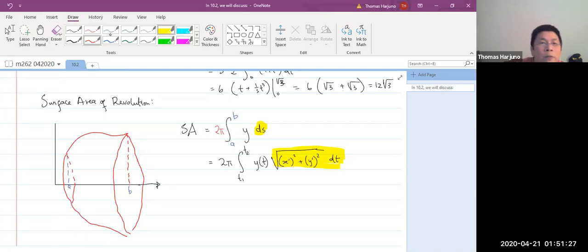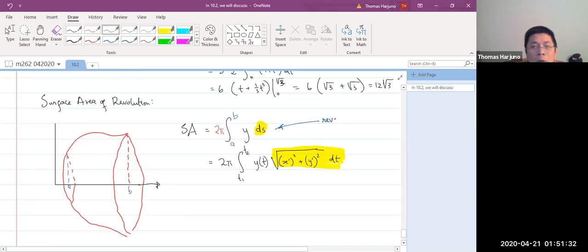This is if we revolve with respect to the x-axis.